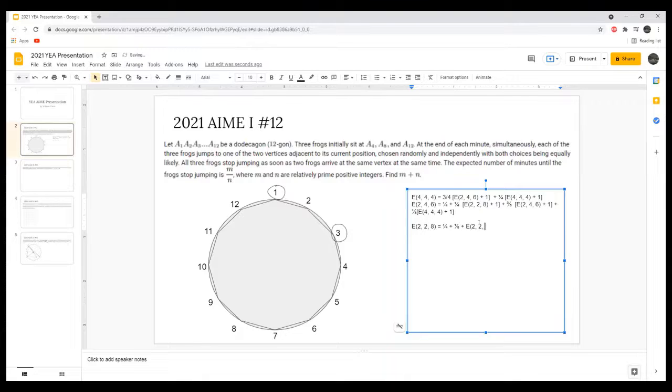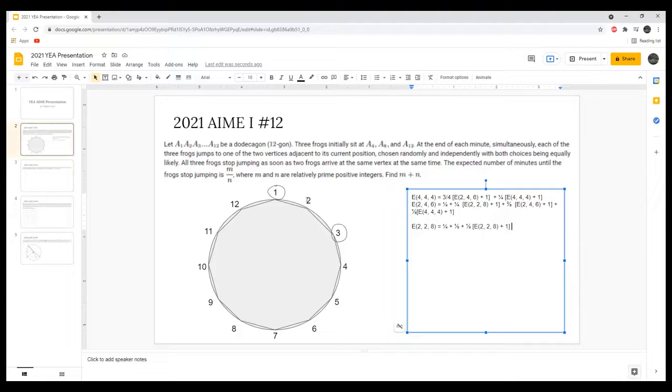And so that would be plus 1. All right, so that's the first half done where the frog at point 2 moved over to point 3.